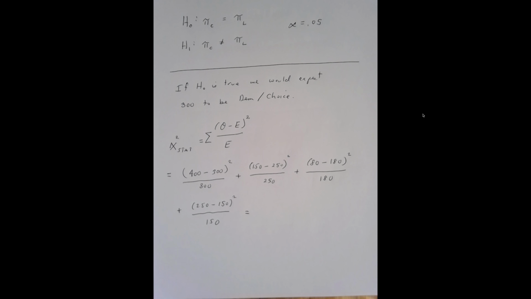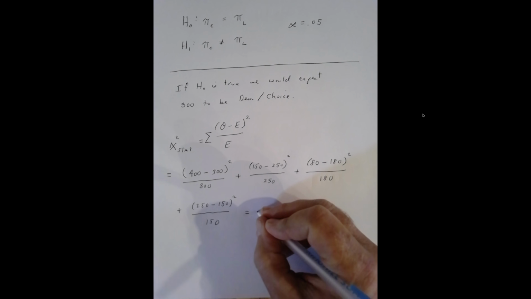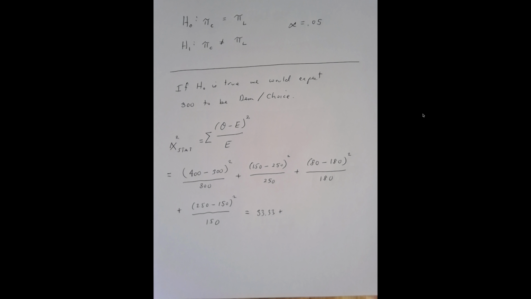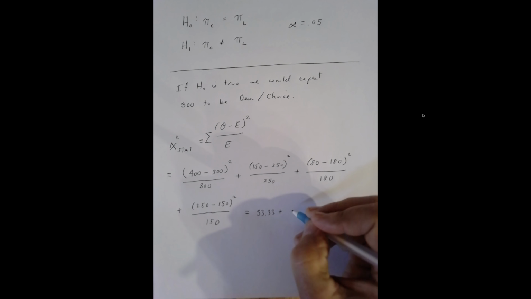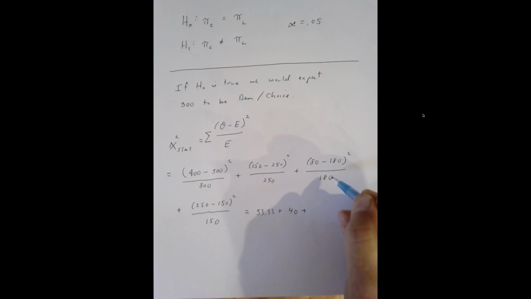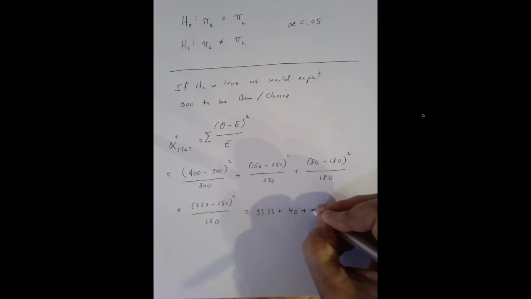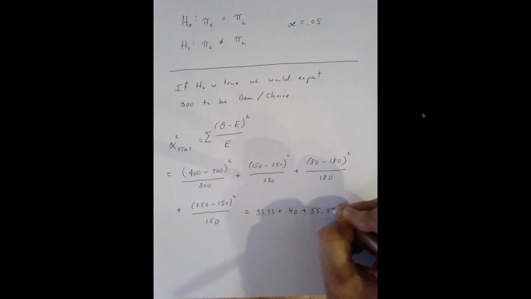When I put the first, I get 33.33, right? The next one, I get 150 minus 250, squared, divided by 250. So I get 40. This third one, I get 80 minus 180 squared divided by 180. So I get 55.56.